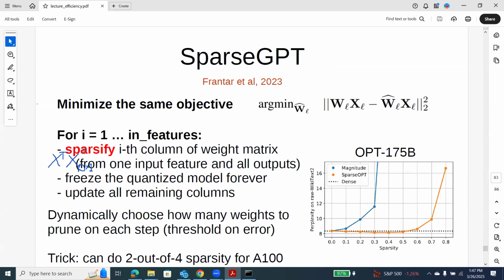And there are other approaches like SparseGPT, the same idea. You can drop some neurons from the first column, solve the minimization problem for the matrix, then drop some neurons from the second column. So the same idea, but instead of quantization, they drop some neurons.